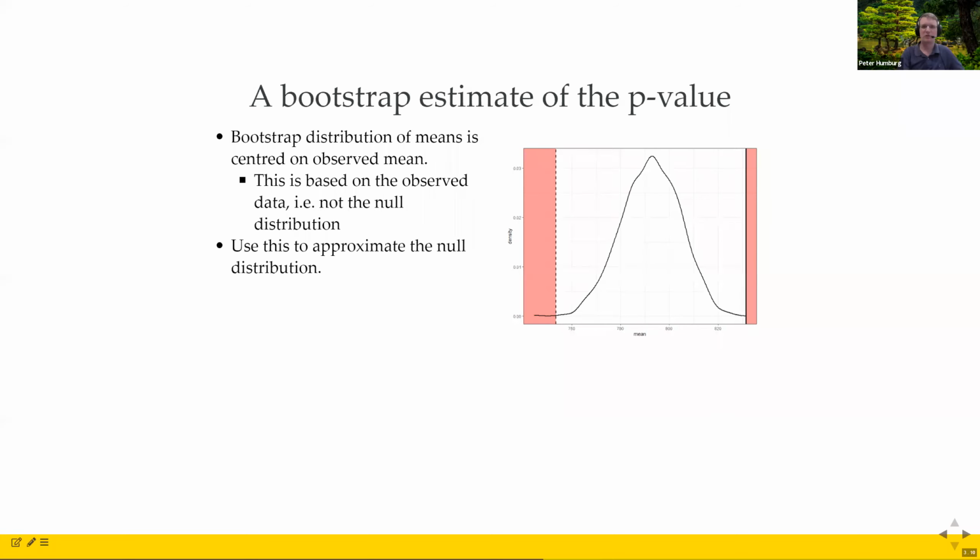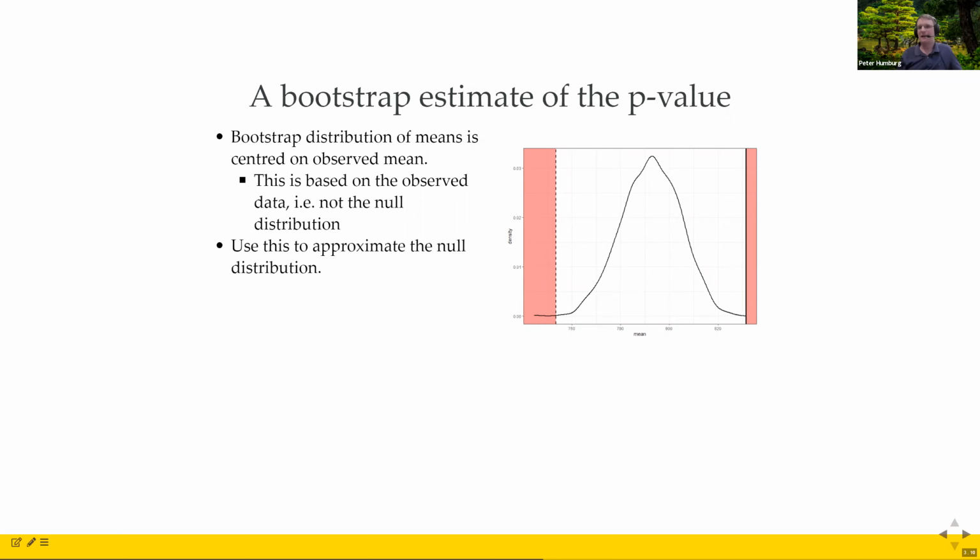So we take the distribution of our Bootstrap means and shift it to where we determine the null distribution is going to be located. And then base our comparison on that.